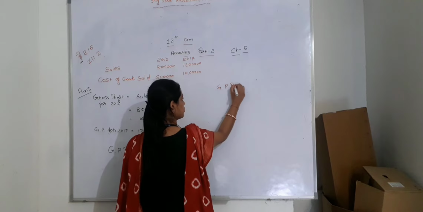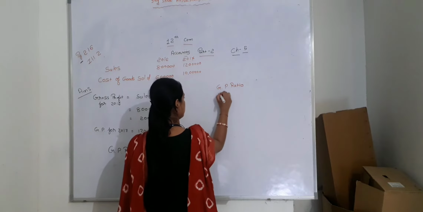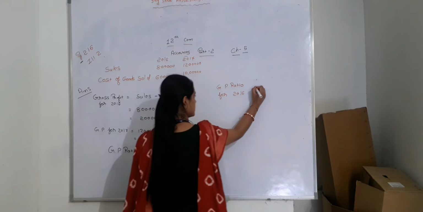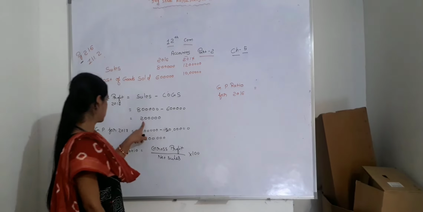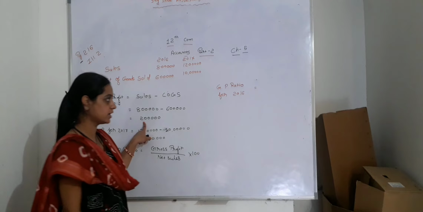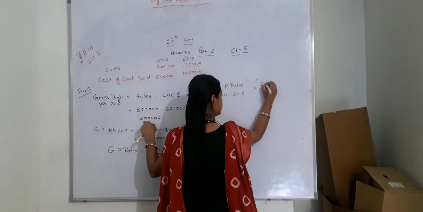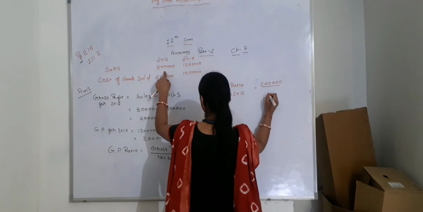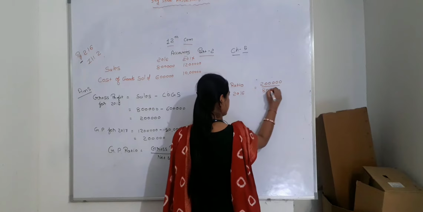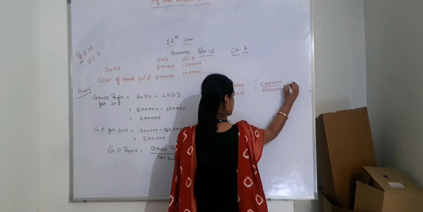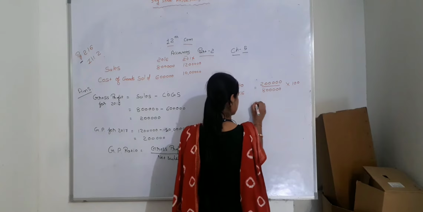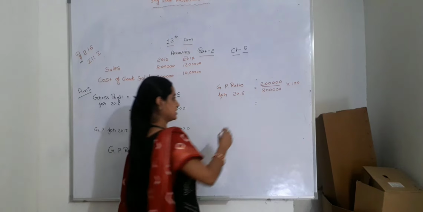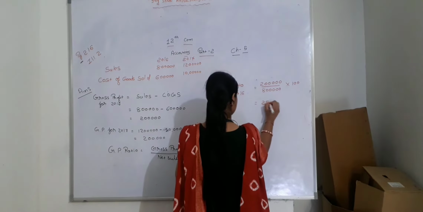Gross profit ratio for 2016 is equal to gross profit 2 lakh and net sales 8 lakh into 100, which means we get the answer 25%.